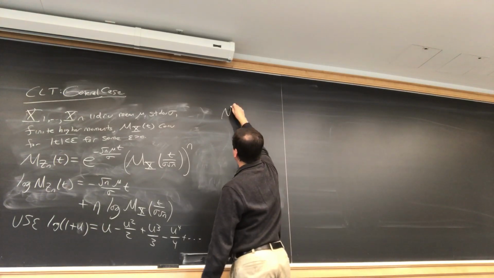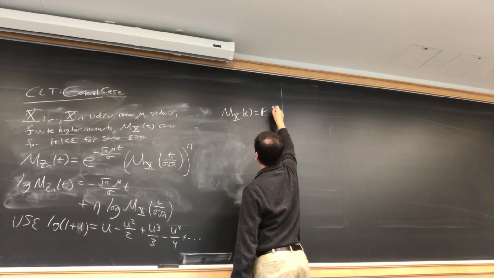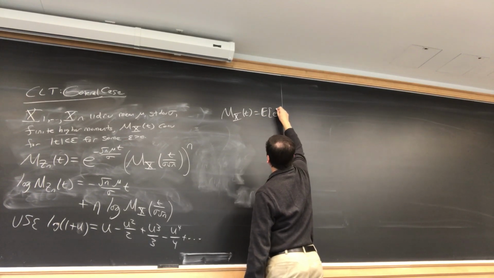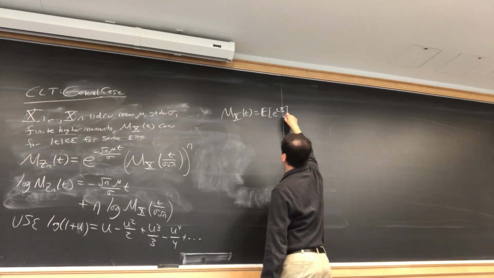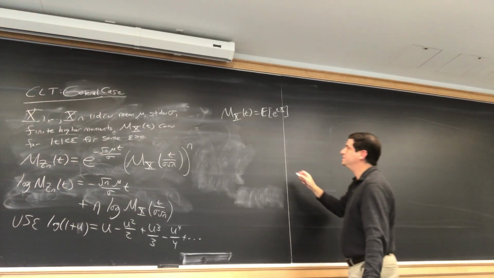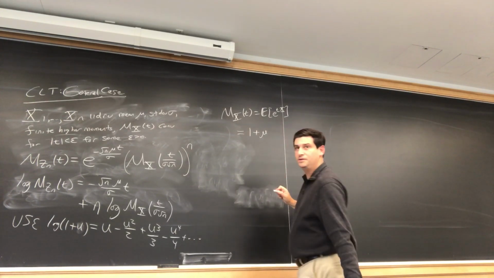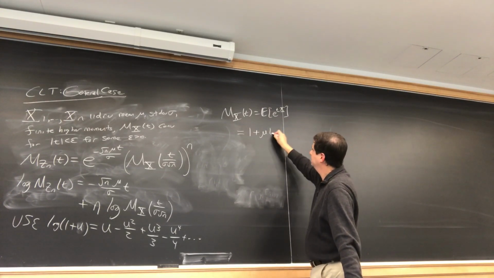Now, the moment-generating function is the expected value of e to the tx. Right? So when we expand this out, this is going to be 1 plus mu t.